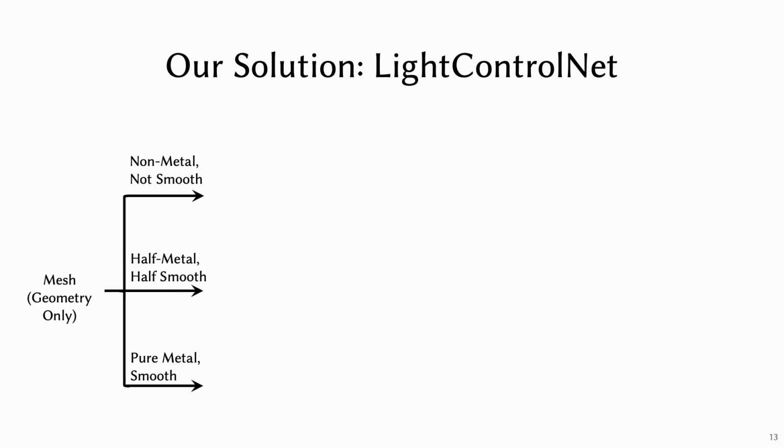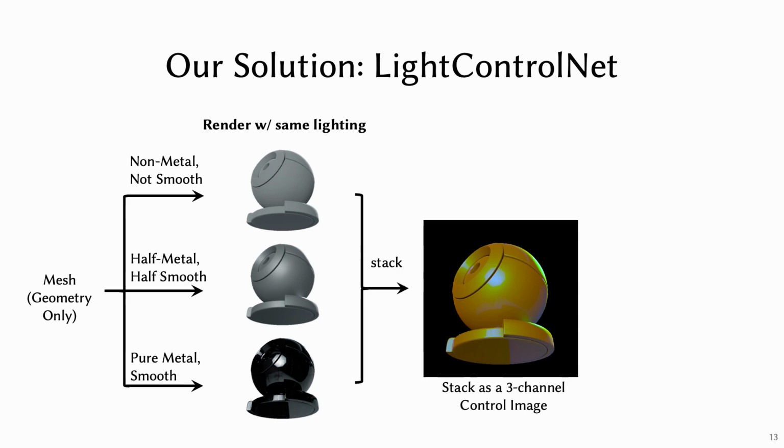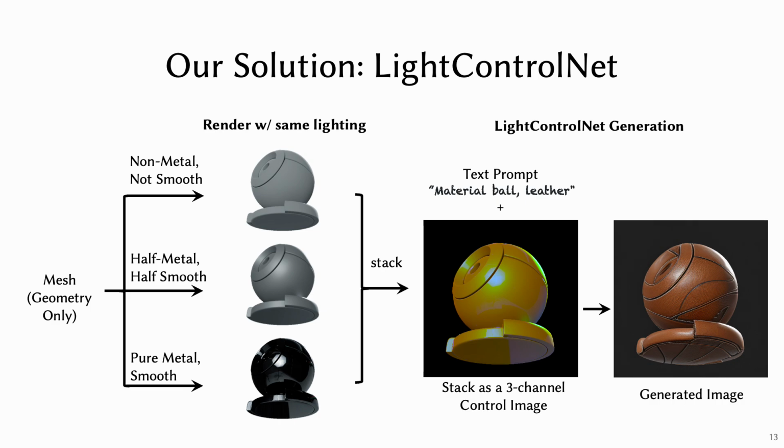In order to cover a wider range of different materials, we use a set of 3 different material bases and stack the 3 grayscale images into a single control image. And we train a ControlNet, which we name LightControlNet, that generates an image following the lighting and the shape in the control image.